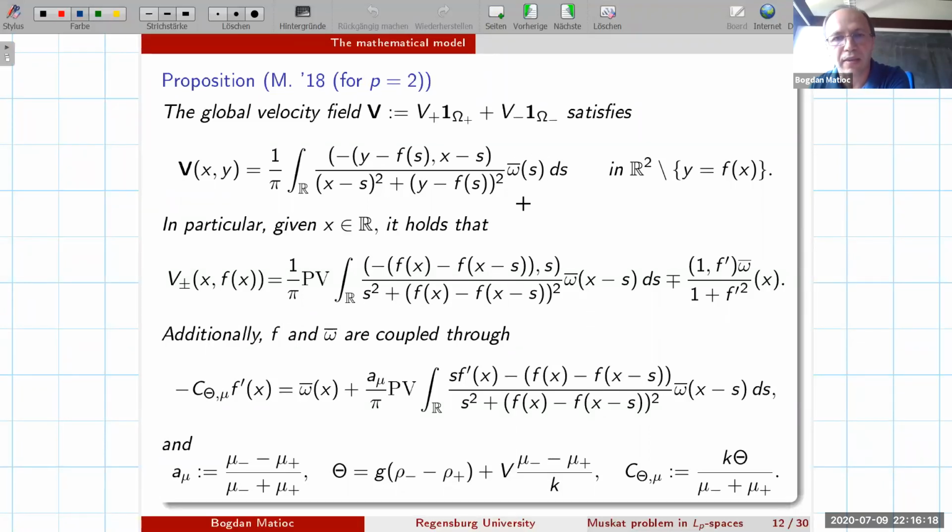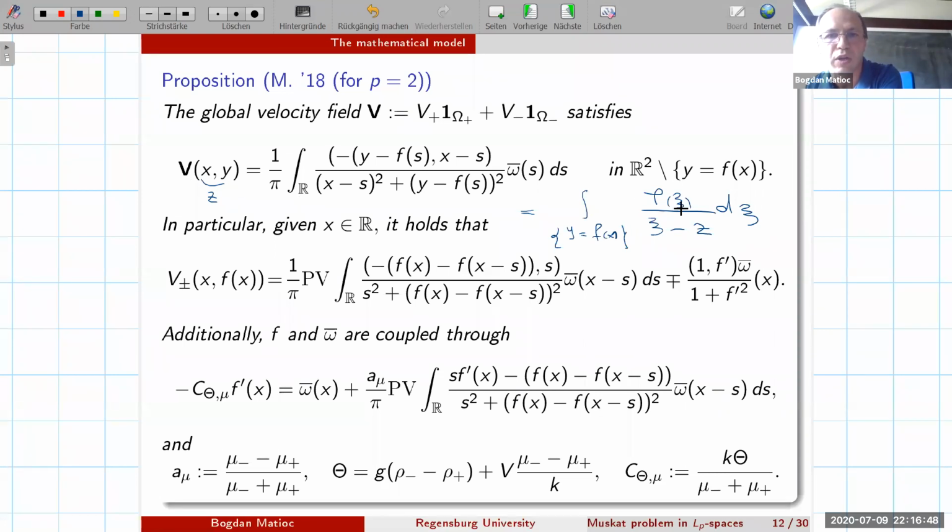In fact, this integral can be written down as an integral over the curve y equal f of x of a certain function phi of psi over psi minus z d psi, where z is a point in R2 with coordinates x, y. So away from the interface, the velocity is defined by this formula.